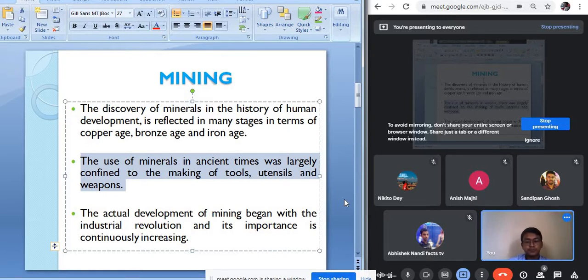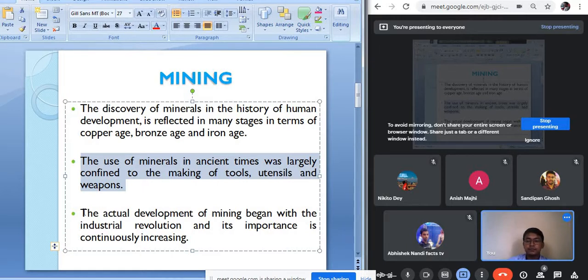These minerals were discovered in the very early period of human history, and now also we extract different types of minerals from the interior of the earth. This extraction of minerals from the interior of the earth is known as mining.